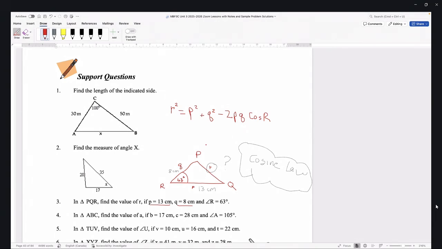Now it's simply a matter of doing the substitutions, and you should be off and running at that point.